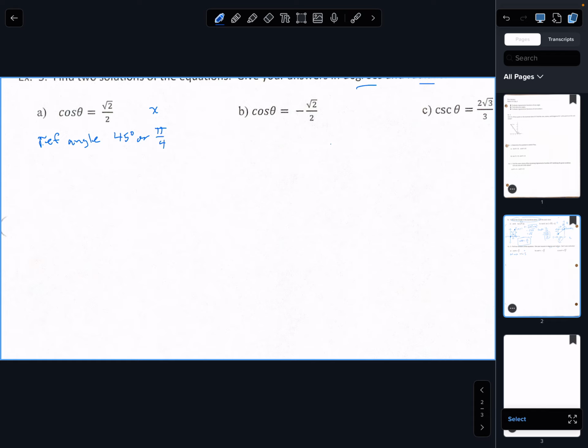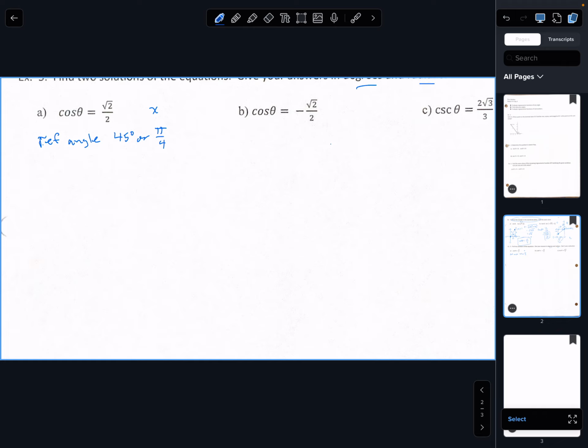Does that make sense to you? Yes? No? So your reference angle is 45. The root 2 over 2 should be kind of like a, yay, this is the easy one. And then you need to decide in what two quadrants is cosine going to be positive.